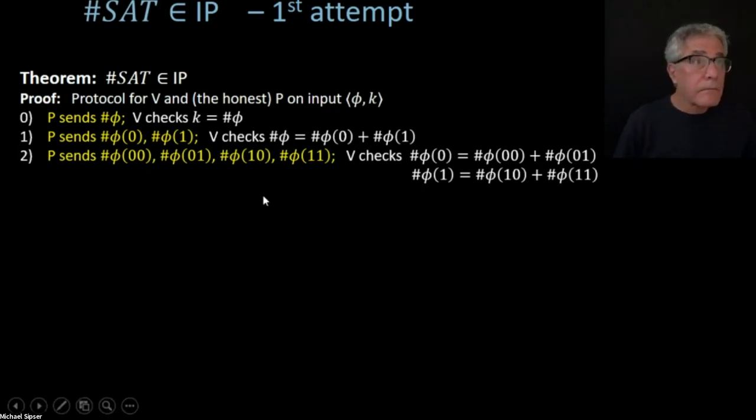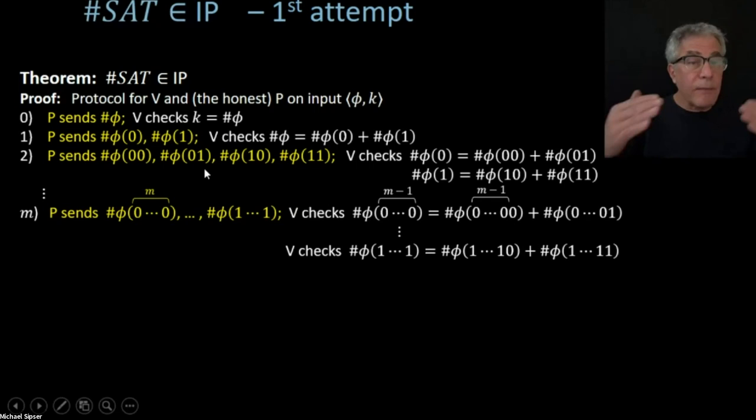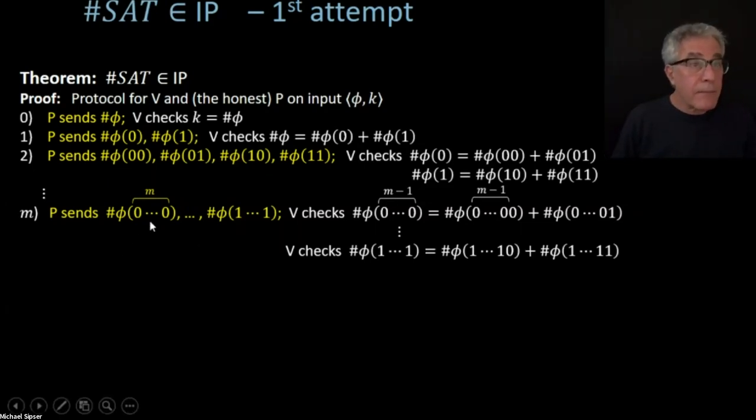Now the verifier says, well, I still need to be convinced, I don't trust you. I need to be convinced that these values are correct. So level by level, the prover is going to be setting more and more of the variables in all the possible ways, until it gets down to the very bottom where it's setting the variables in all possible ways. So exponentially many settings here.